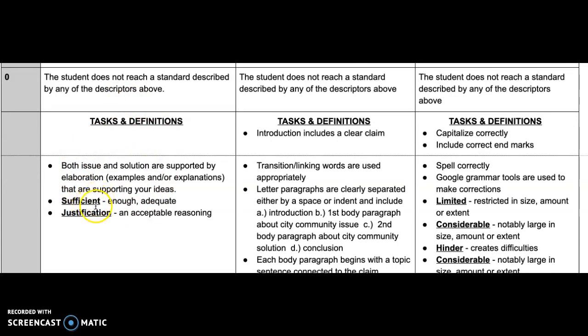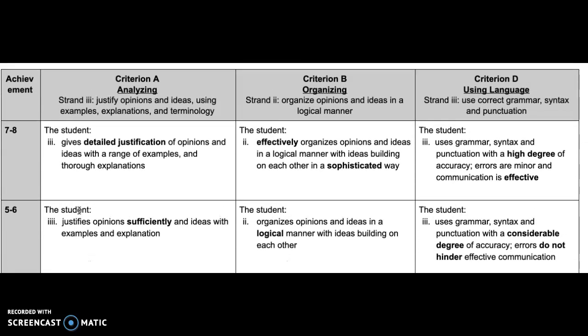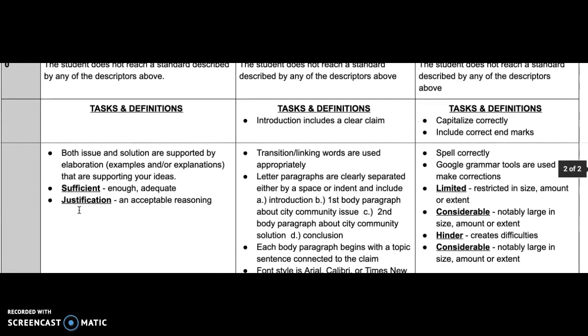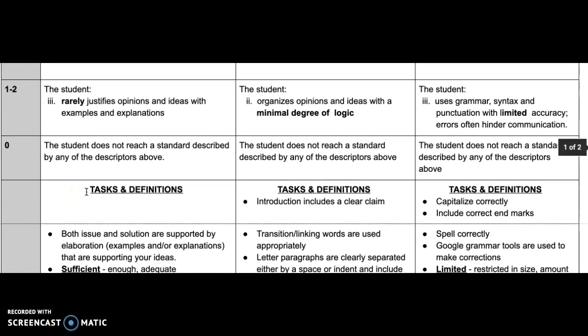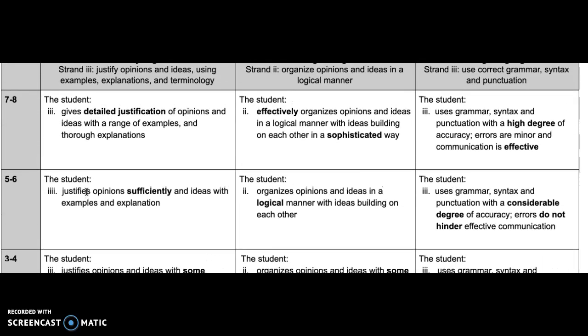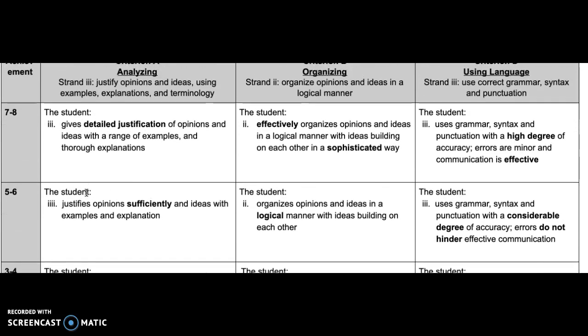The definitions can help you understand some of the words in the descriptors of the different levels of assessment. For instance, the word sufficient, you can find the word sufficiently on 5, 6, and you can get the definition down there.